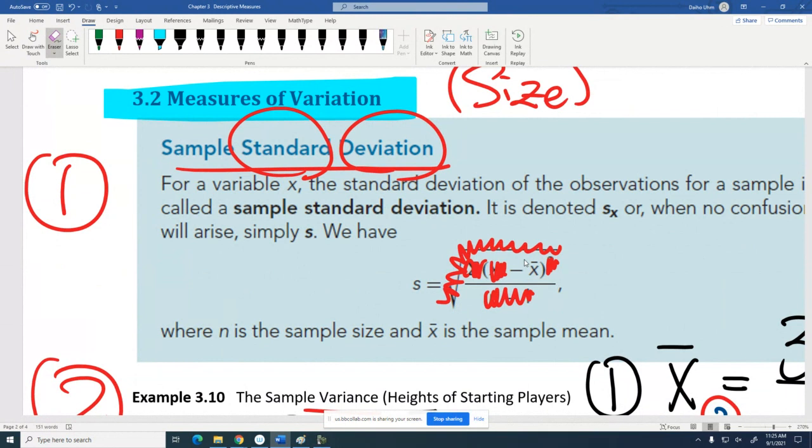What did we do in the second step? We took differences, yes. I want to see the formula one by one. We take the mean, the sample mean, step number 1, and we take the difference in the second step. What was step number 3? Square. Square, thank you.